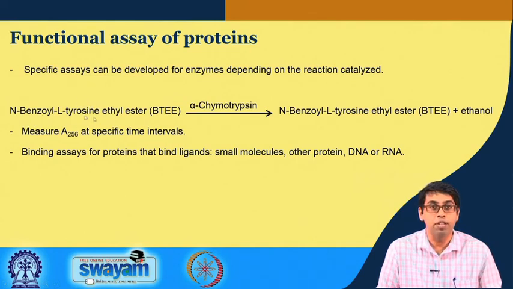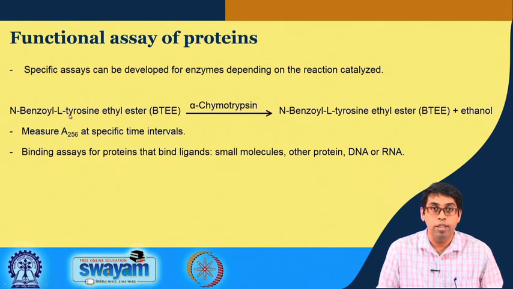So, we have this tyrosine followed by an ethyl ester. It cleaves the bond after the tyrosine and before the ester. So, if we add this, what we get is N-benzyl tyrosine plus ethanol, and the product can be monitored at an absorbance of 256 nanometers.